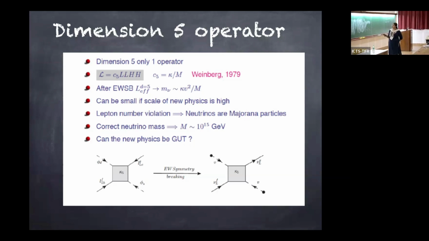Now, another thing is that, if you see this, I have not written it in a proper SU(2) way, but this L and L come in a way that this operator violates lepton number by 2 units. So this implies that neutrinos are Majorana particles.